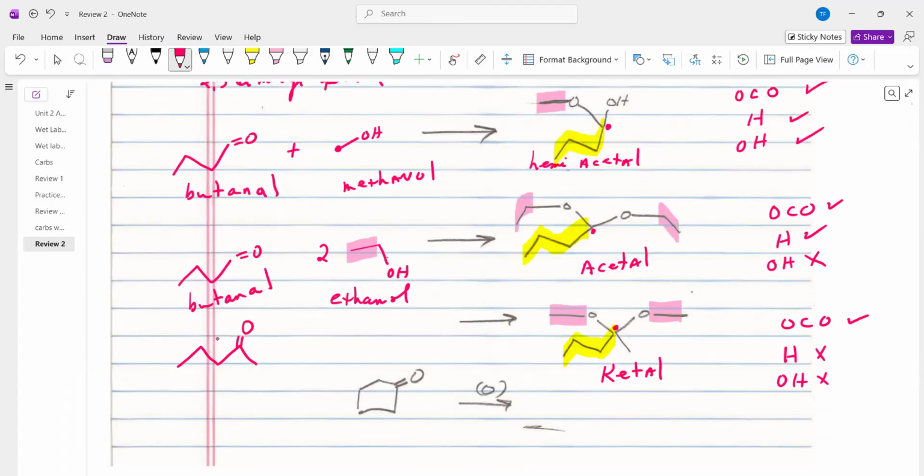This is going to be a 2-butanone plus 2 methanols.